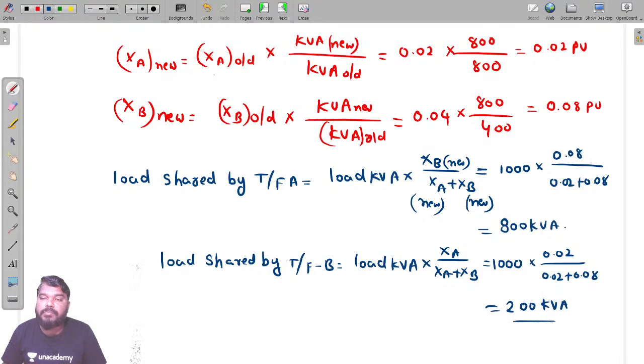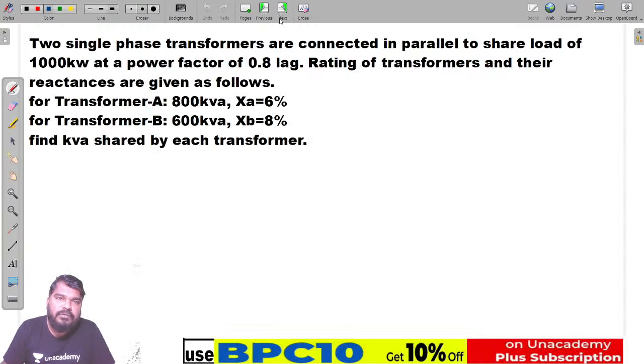So this is the answer for this question. If ZA and ZB are given in ohmic values, we have to convert them like this. Now let us solve one more question.